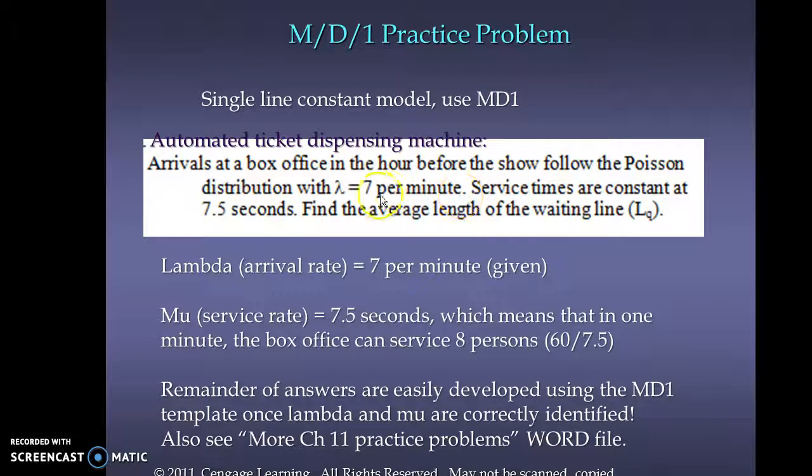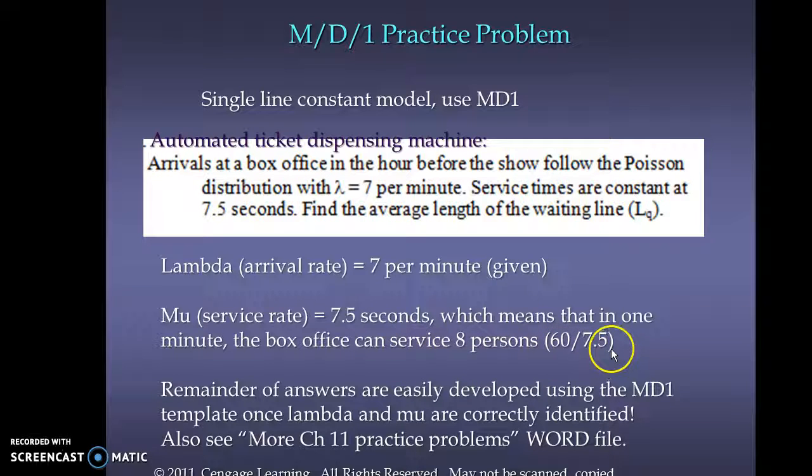Arrivals at a box office for a show follow a Poisson distribution, that's an M, lambda equals 7 per minute. Service times are 7.5 seconds. Aha, notice that these are different units. So we're given the arrival rate of 7 per minute. I'm going to convert the service rate to minutes also. If it takes 7.5 seconds to do something, how many of those somethings can I do in a minute?